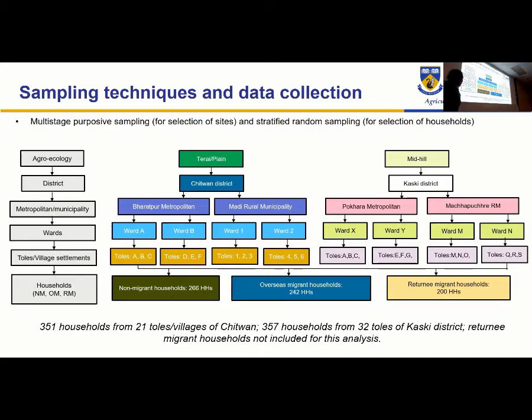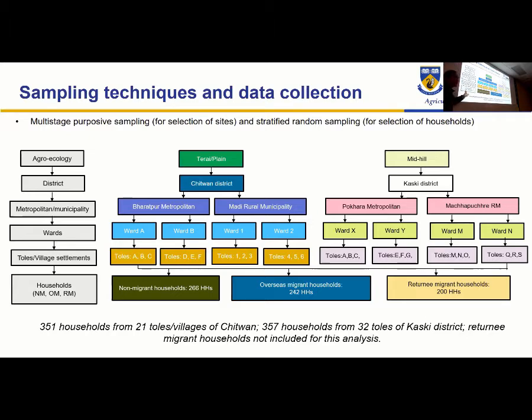And from each of these metropolitan or municipalities, we purposely selected the wards, those wards which have high rates of migration. From each of these wards, we purposely selected the tols or village settlements having high rates of migration. And from these tols, we selected households.